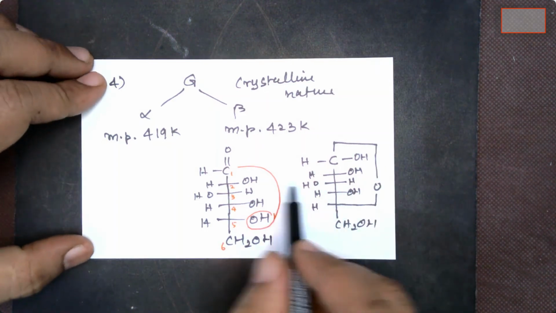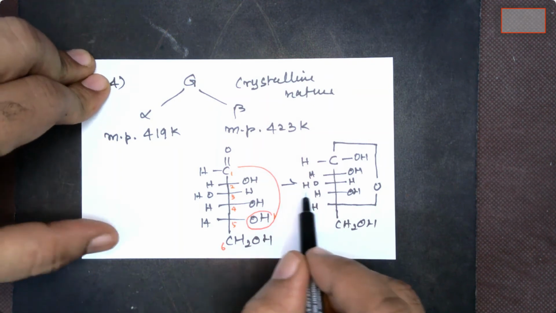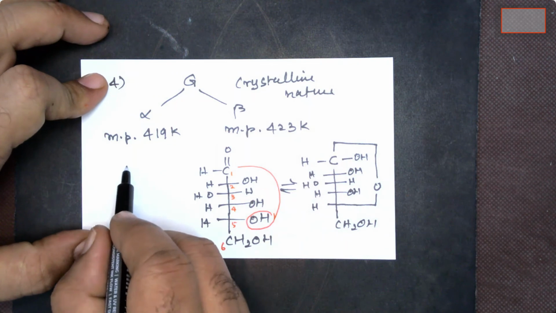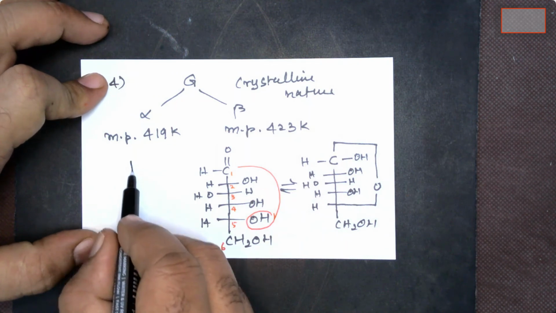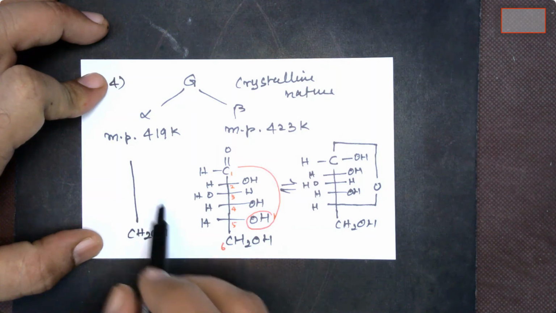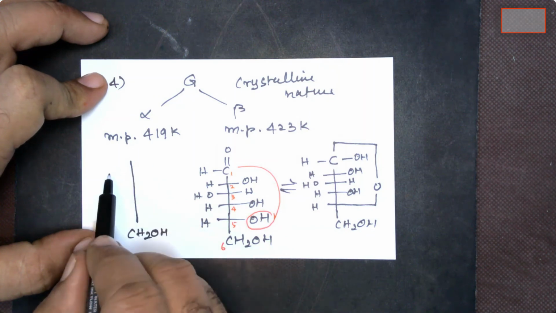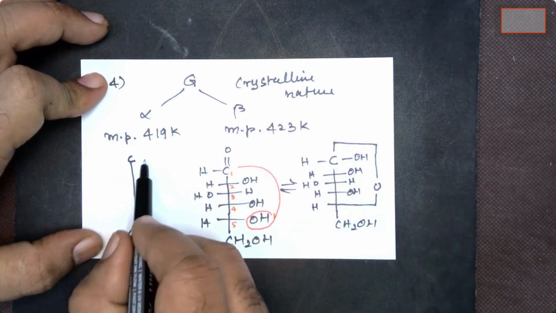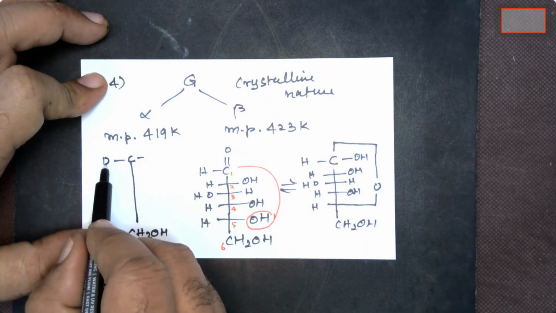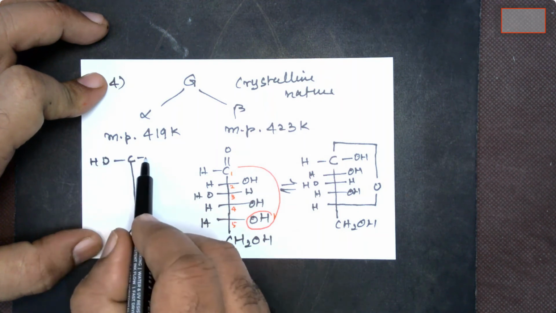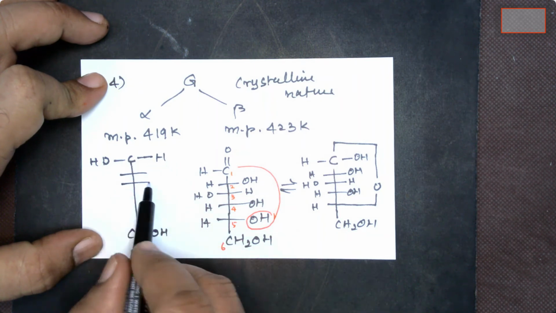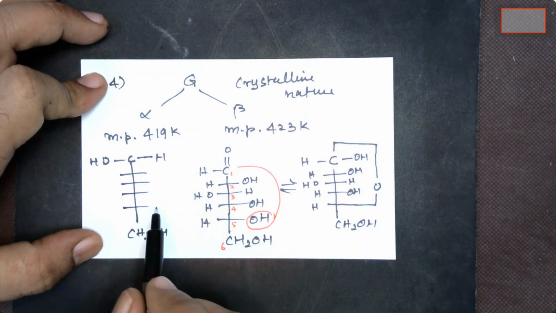And it can form another structure, where this OH can be present on the left side. So let me write down the structure once again. I can put CH2OH here, and here you have the C. Now OH is on the left side, and here on the right side. First, second, third, fourth, fifth carbon atom.